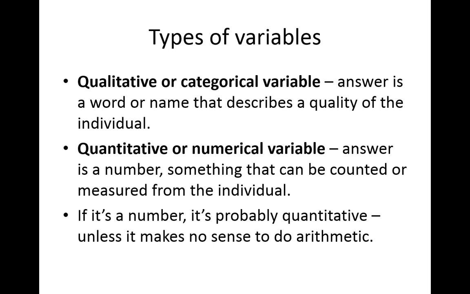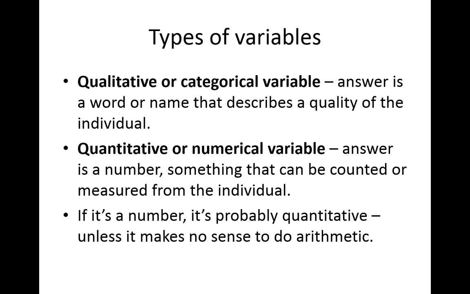If the data you're collecting from an individual is descriptive, a word or a name that describes something about that person or object you are interested in, then we call that qualitative or categorical data. So it'd be a qualitative or categorical variable.